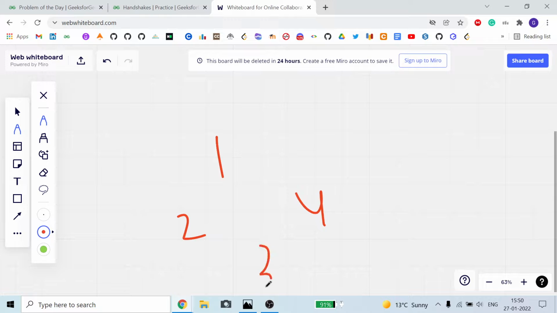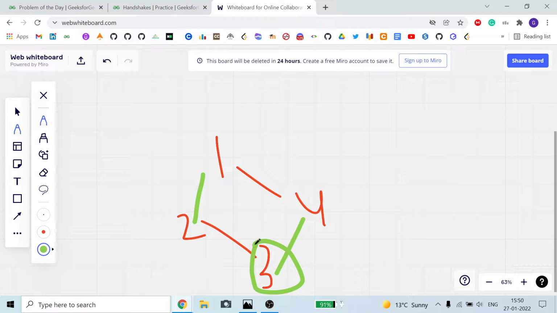In this case also it can do like this, or either this case. Now 1 cannot shake hands with 3. So in each representation of n equal to 4, we can shake hands in a total of 2 ways.